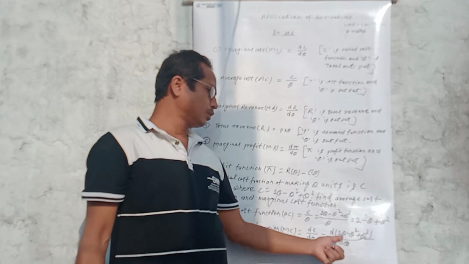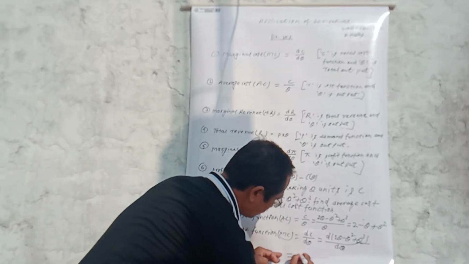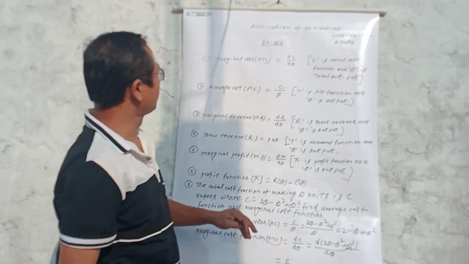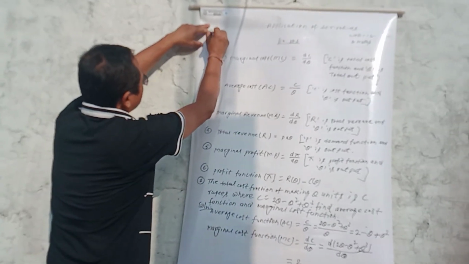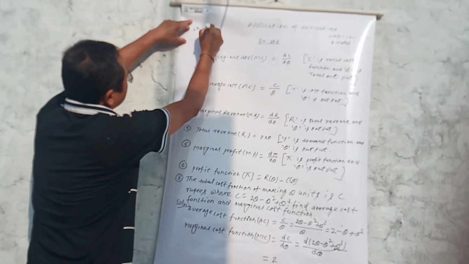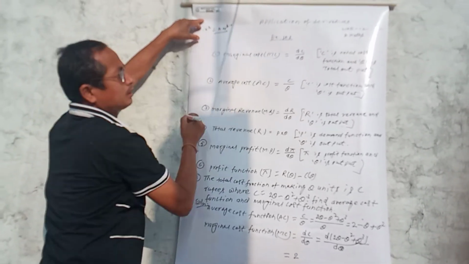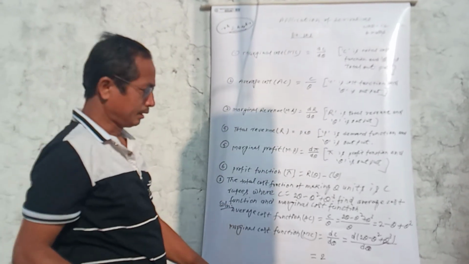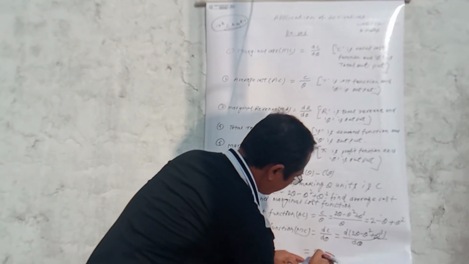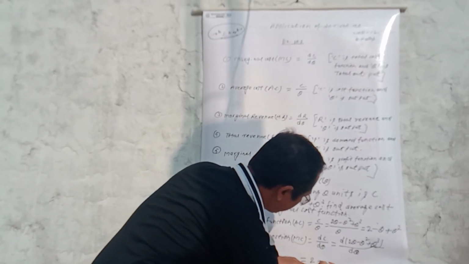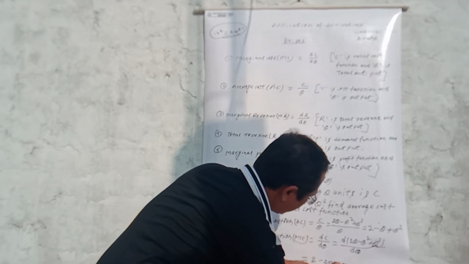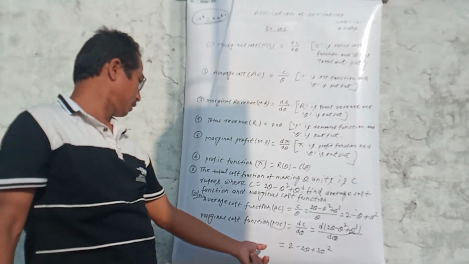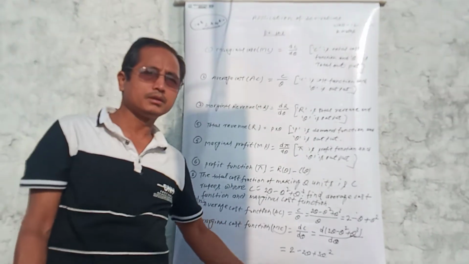See here, the derivative of 2Q is 2, because of the power rule we have studied: when x power n, the derivative is n into x power n minus 1. This is the basic rule you have to use here. So the derivative of 2Q is 2, minus the derivative of Q square, which is 2Q, plus the derivative of Q cube, which is 3Q square. So this is the marginal cost function.